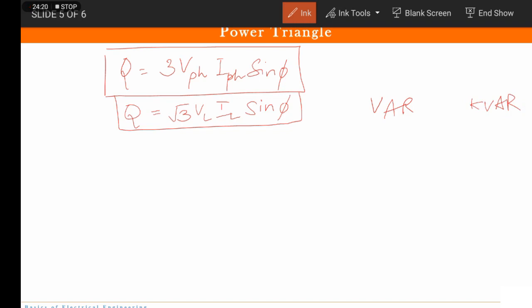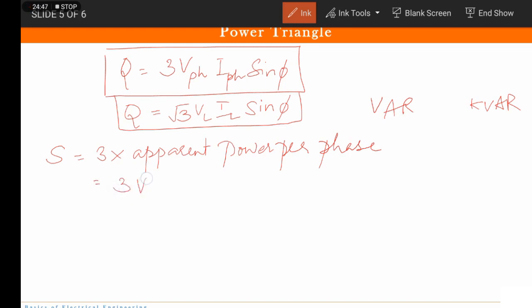Correct? Now if you talk about the total load, now let us talk about the total power, S. It is the total power. Fine. So it will be thrice the apparent power per phase. So what is the apparent power per phase?